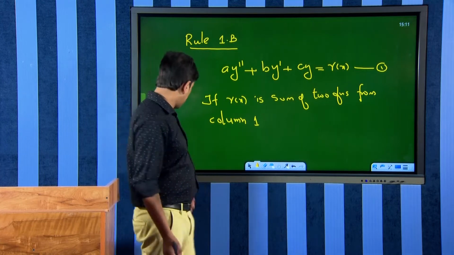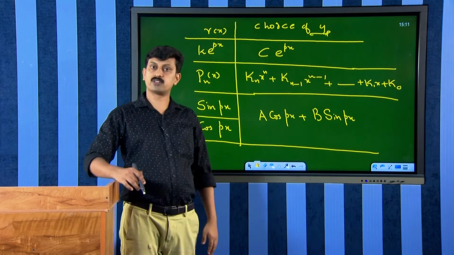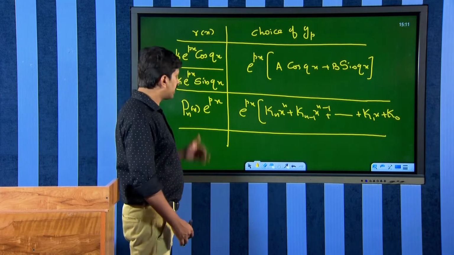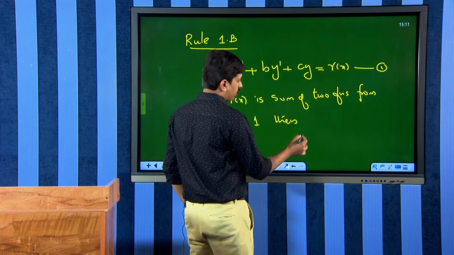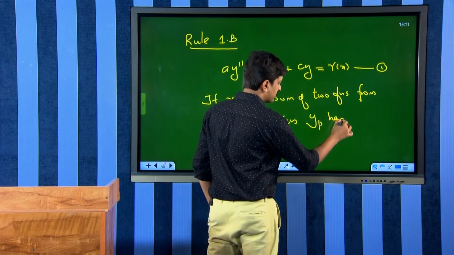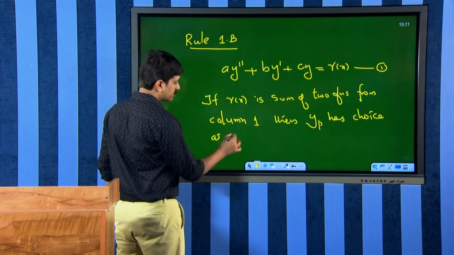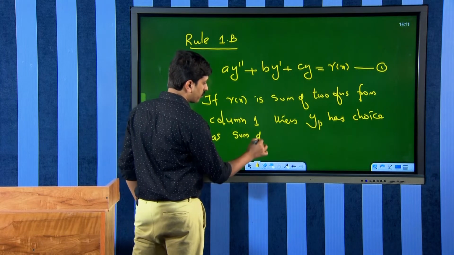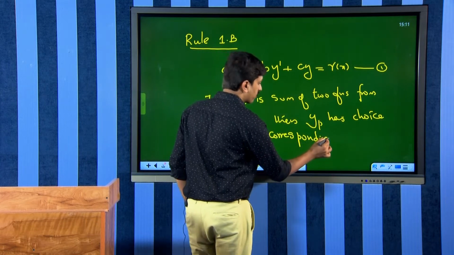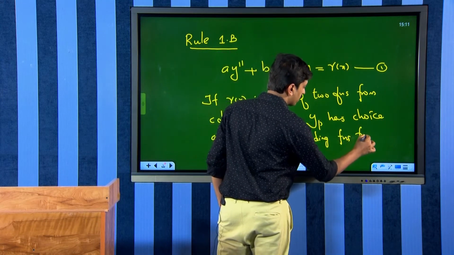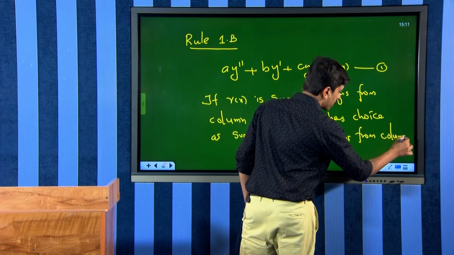So, we will have the second column correspondingly for all these choices. So, we will get the yp as the sum of corresponding functions from column 2, the sum of corresponding functions from column 2.